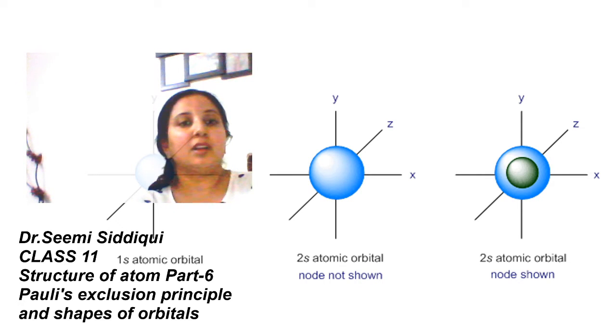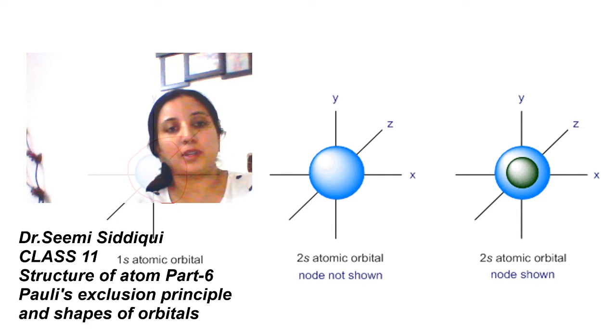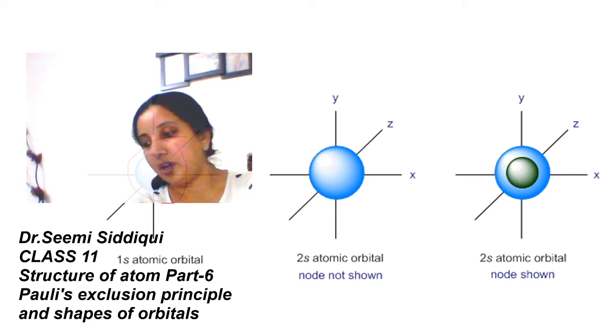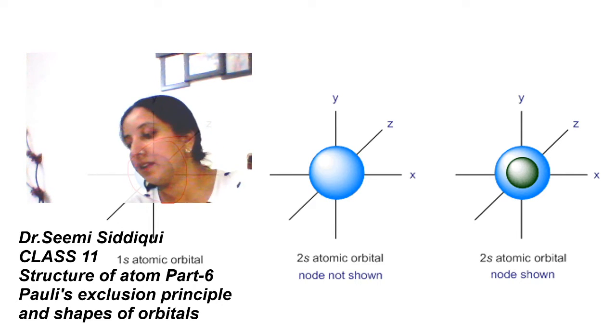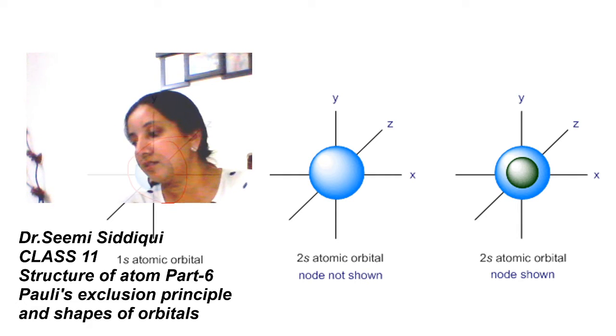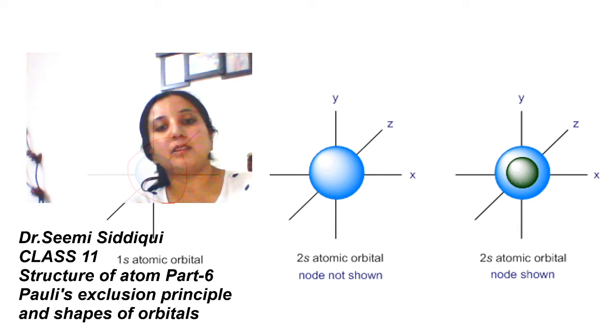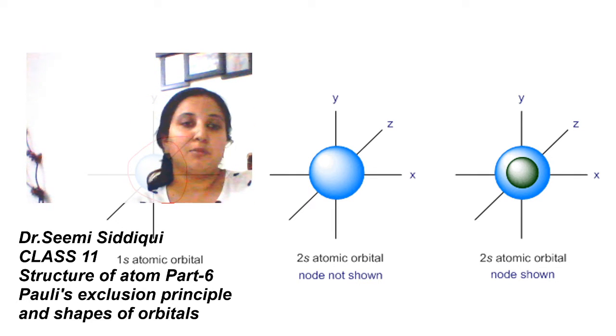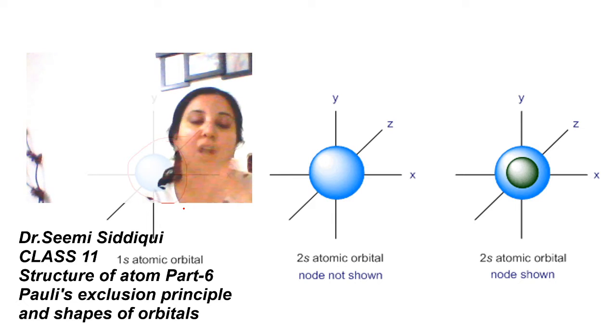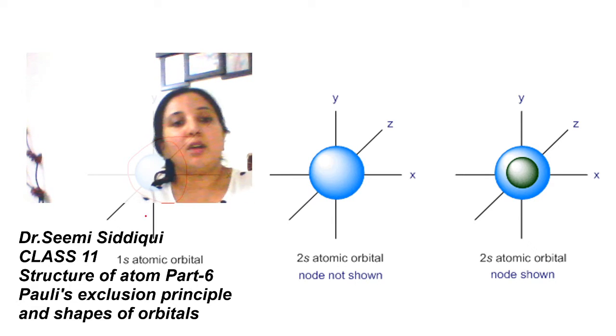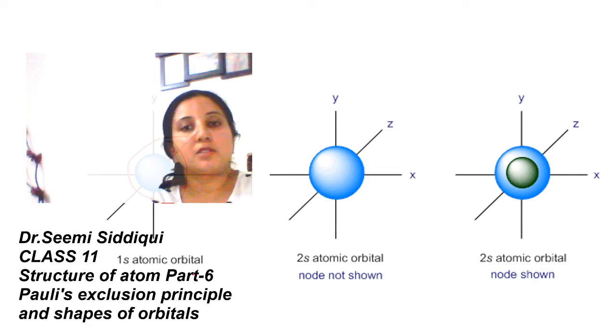It is spherical in shape. It does not have any specific direction. And this center we are going to consider as the nucleus. So over here you can say the density of the charge cloud is going to be maximum at the nucleus, and it is going to decrease as the electron moves outward and outward. Now this is about the 1s atomic orbital.